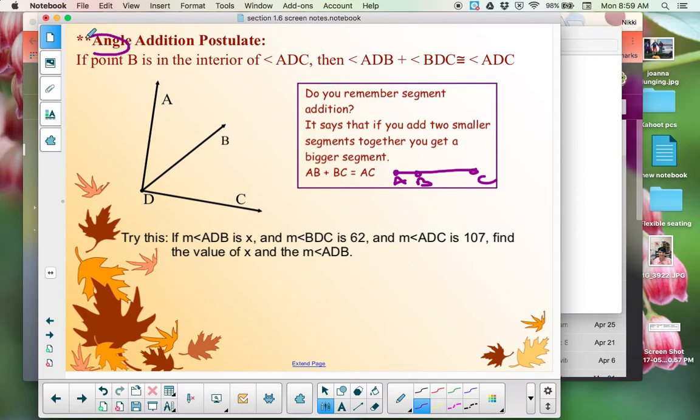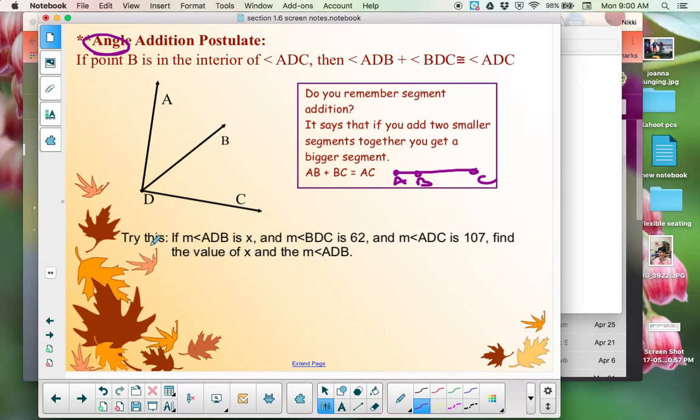Angle addition says exactly the same thing about angles. It says if you take angle ADB and you add it to angle BDC, that would have to be congruent to the angle ADC. Their measures, if you add this measure and this measure, would equal the measure of the whole thing.